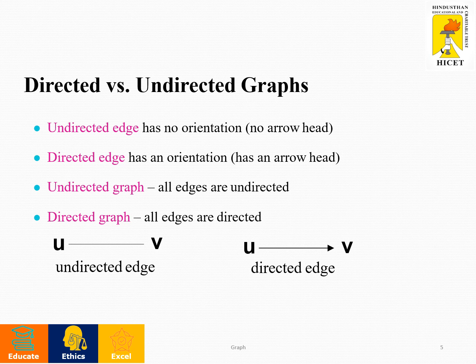It only consists of the straight line. In this straight line indicates it can travel from vertex U to V as well as vertex V to U. The both directions are possible. In case of directed graph, only one way direction, that is called unidirection, is possible. It can travel from vertex U to V, but the reverse is not possible. That is not possible to move from V to U. That is a directed versus undirected graphs.